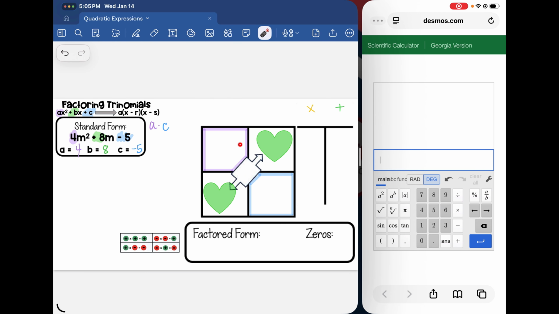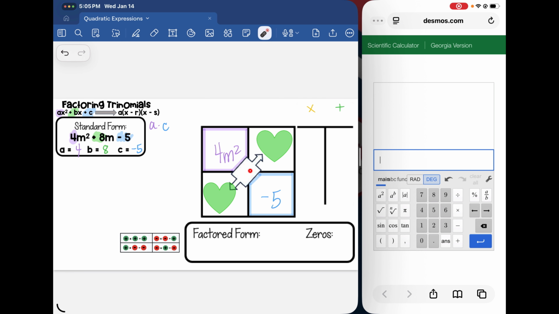I'm going to go ahead and partially complete my area model, putting which term in my first corner? The quadratic one, which is 4m squared. Which term would I put at the bottom corner? My constant term, which is a negative 5.